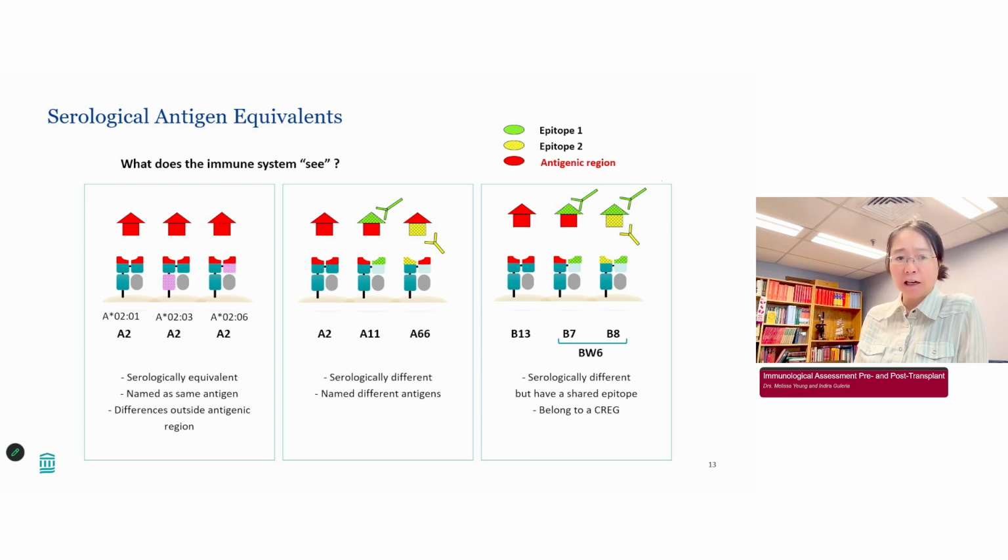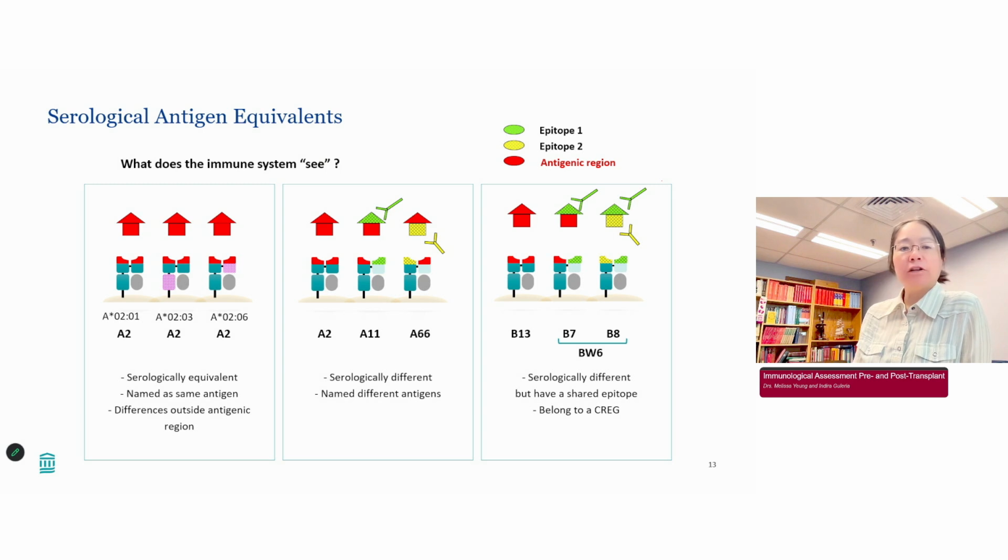The way that we tell you that is that molecularly they are named different alleles. So for example here, A*02:01, A*02:03, and A*02:06. If we think that they all react the same serologically, then we group them into the same serological antigen equivalent, in this case, the A2.